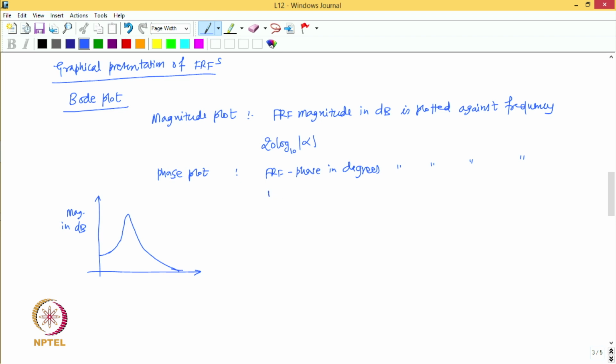Similarly, we may have the phase plot, which for a single degree of freedom system may look something like this, with the phase in degrees. So this is basically the Bode plot. The advantage of this plot is that from the magnitude plot we are able to see how the magnitude of the FRF varies over the whole frequency range when the excitation frequency varies, and the phase plot shows the information about the phase at different frequencies.